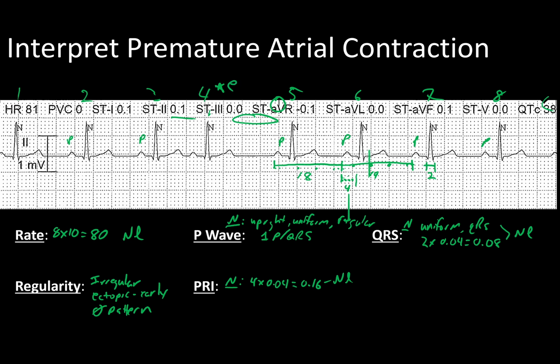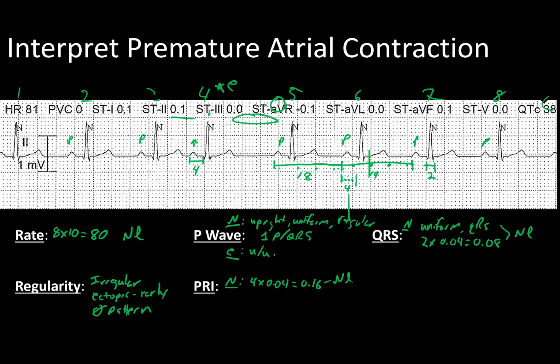Now let's go back and take a look at our ectopic beat, and we'll just call this beat E. Now that P wave is upright, and my PRI, 1, 2, 3, 4, it's right at about 4. That P wave actually matches all of the other P waves, so I will say it's upright and it's uniform.